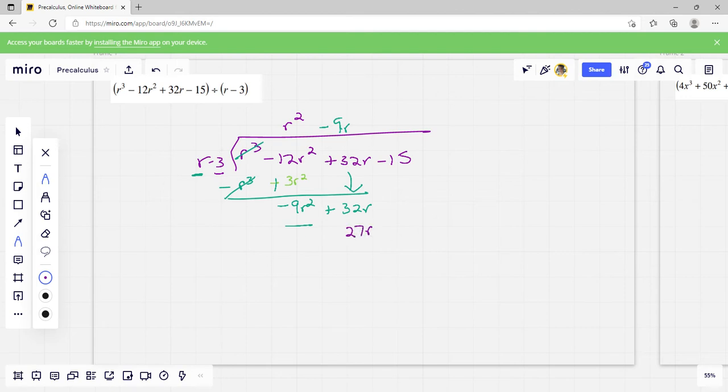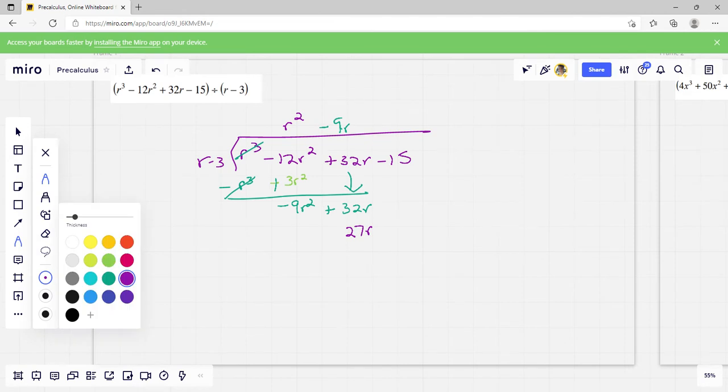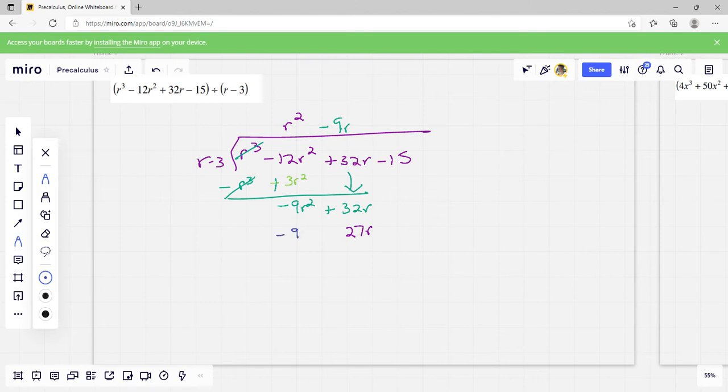Okay, so I multiplied that times that. Next, I'm going to multiply negative 9r times r, and that would be negative 9r squared.